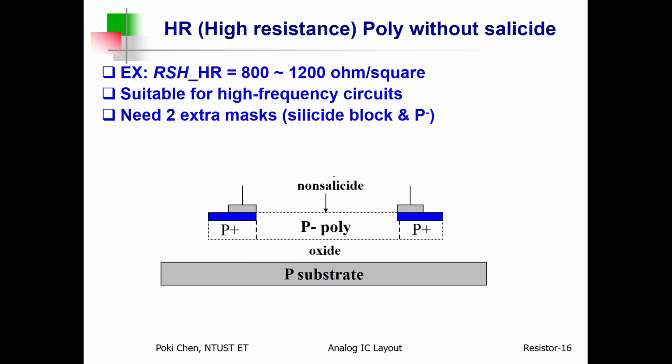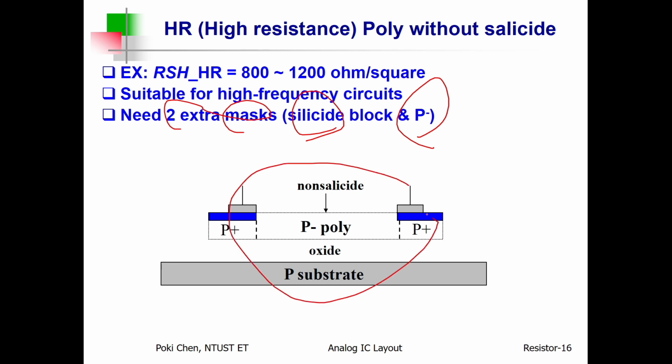See, that is what I mentioned moments ago. You need two extra masks, one to block silicide, one to stop P plus or N plus doping. Then you will get very high resistance for your polysilicon.